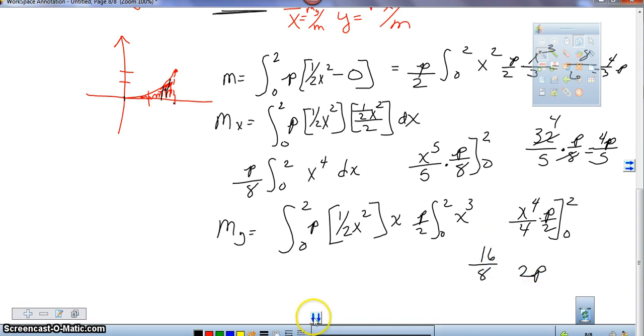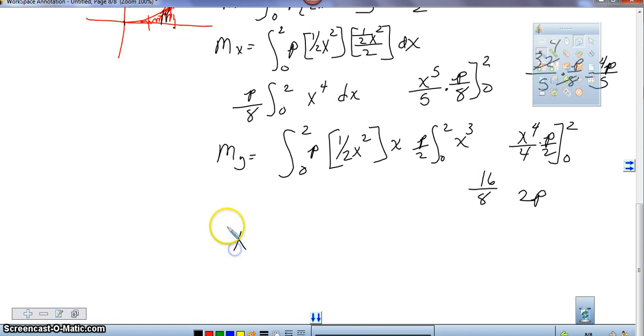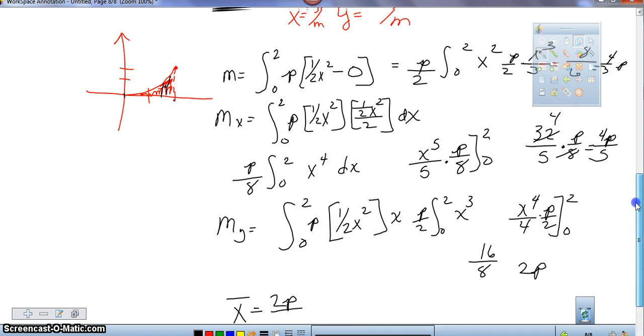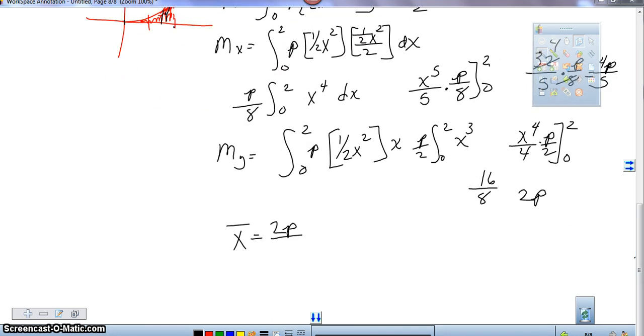And then to get your actual center of mass for the x, you would take 2 rho divided by the mass, which now I've already forgotten. It's been so long since we did that one. 4 thirds rho. So then I divide by 4 rho over 3.